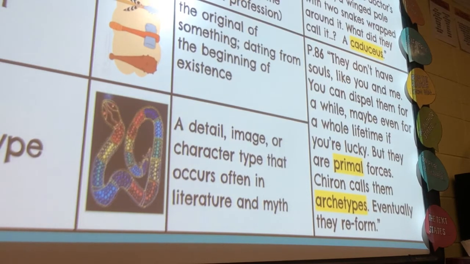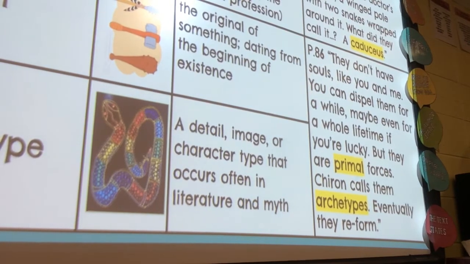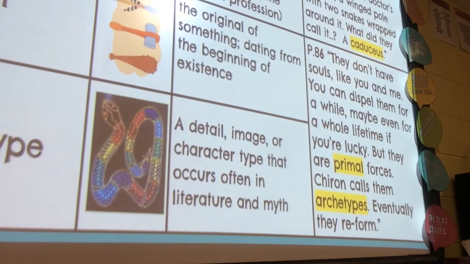When you research your ancient Greek gods, you'll notice that most of them have their own symbol, and so this was Hermes. The next word is primal, and it means like the original something dating back to like the beginning of time. And then archetype is a detail or image that occurs in literature and in myths.